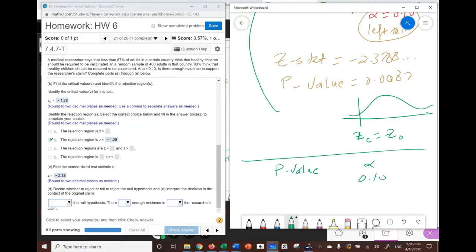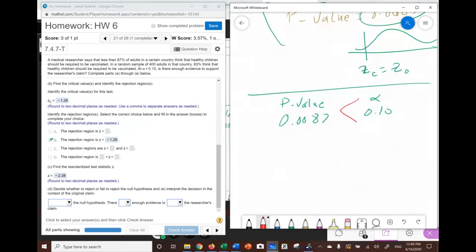Alpha in the problem is 0.10, and the p-value in the problem is 0.0087. Again, here is the p-value. We can tell by looking at this that the p-value is too small. If the p-value is too small, we're going to reject H0. So we took a decision to reject H0.